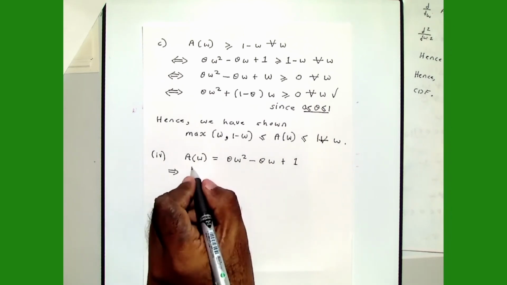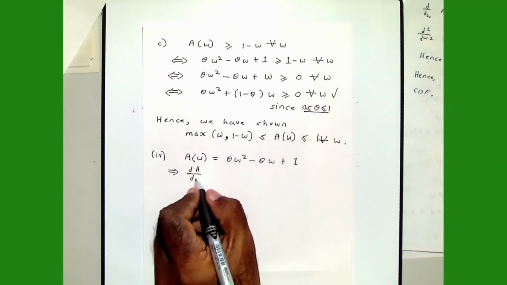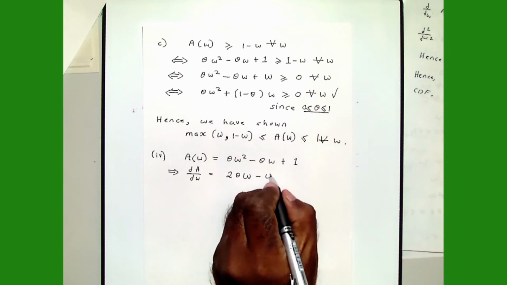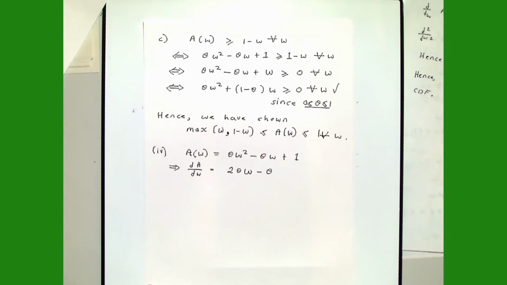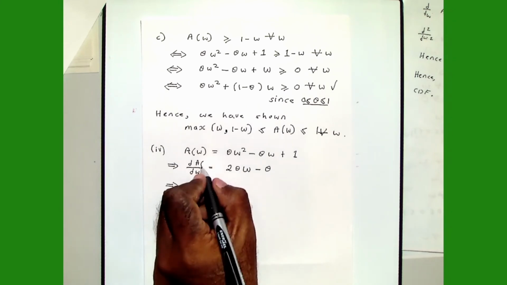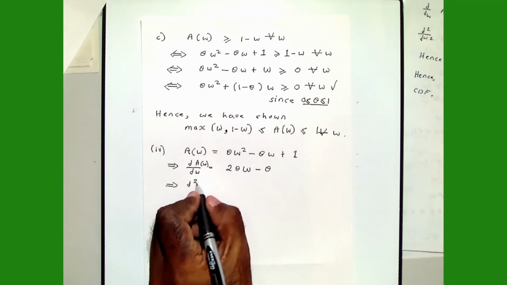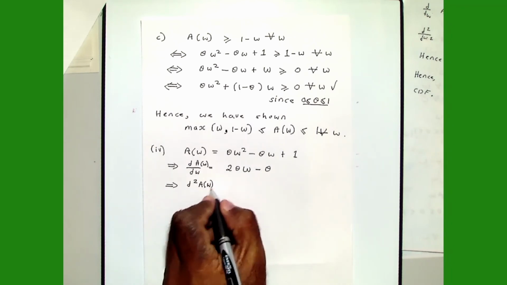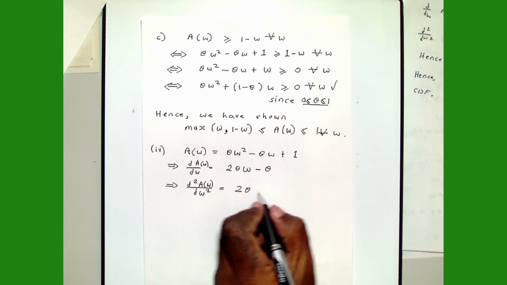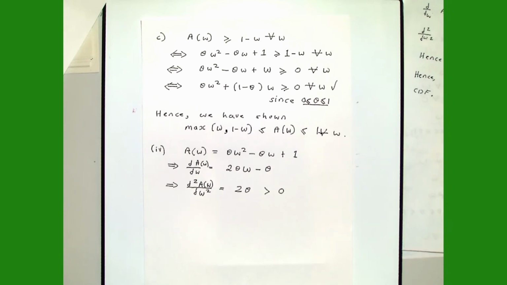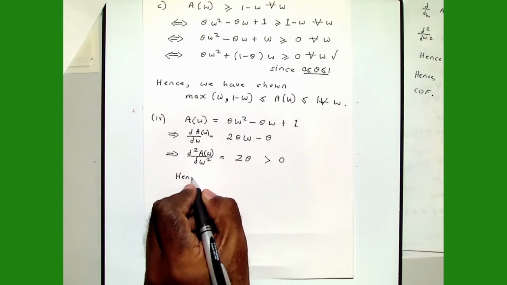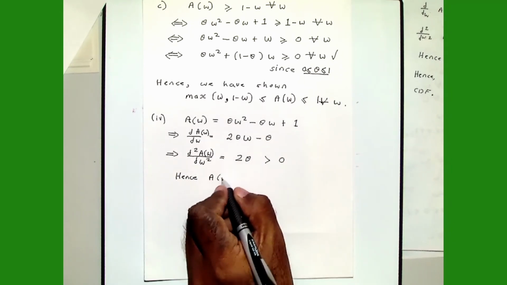So let's first find the first order derivative, which is 2 theta W. Now the second order derivative is going to be 2 theta, which is always positive. So hence we have shown A is convex.